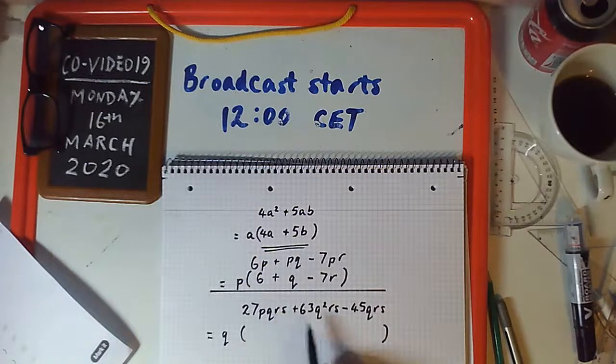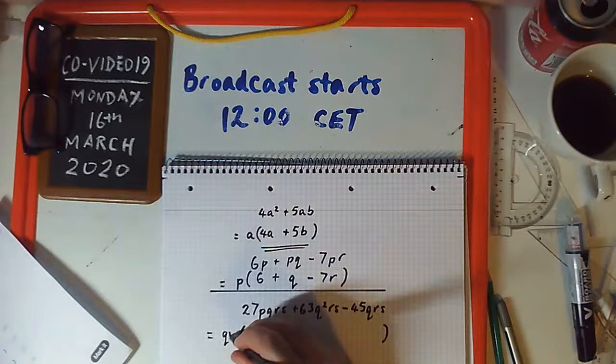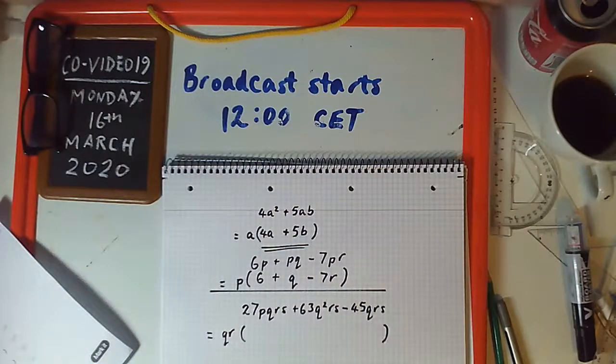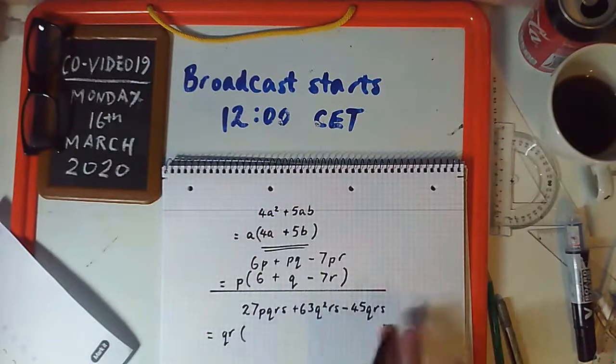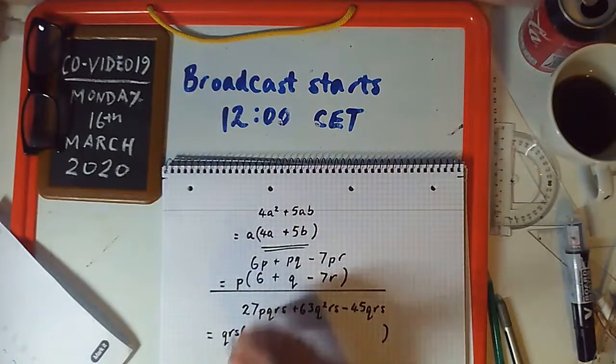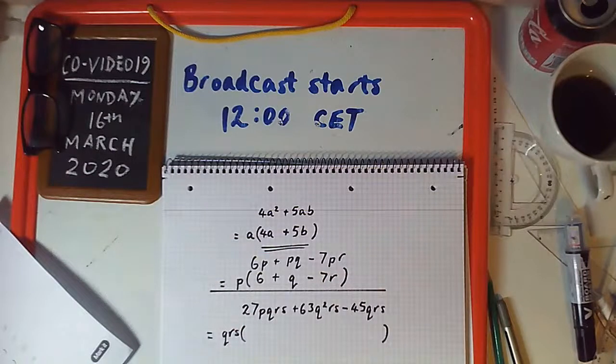This one's got an R in it. This one's got an R in it. This one's got an R in it. So they can all be divided by R. So I can take an R outside the brackets. And they've all got an S in them as well. So I can take an S outside the brackets. And then the numbers at the start of them, 27, 63, 45, they can all be divided by 3.